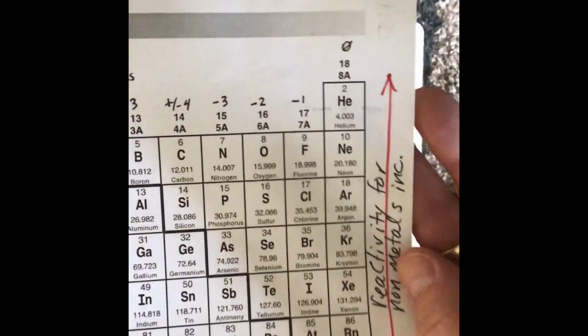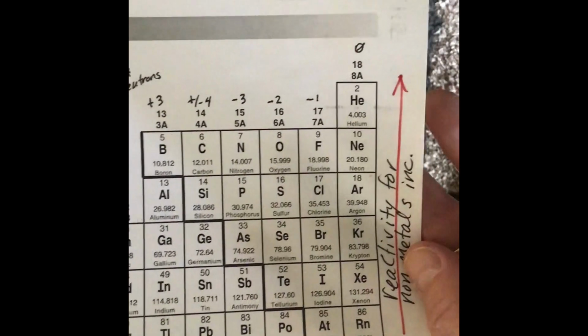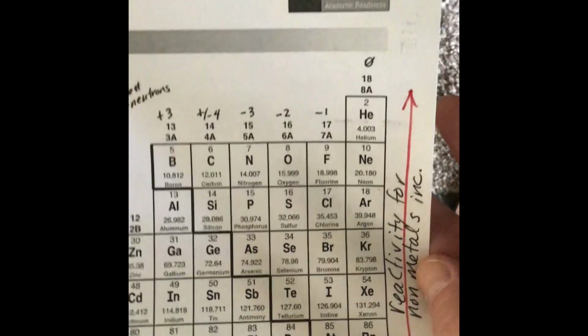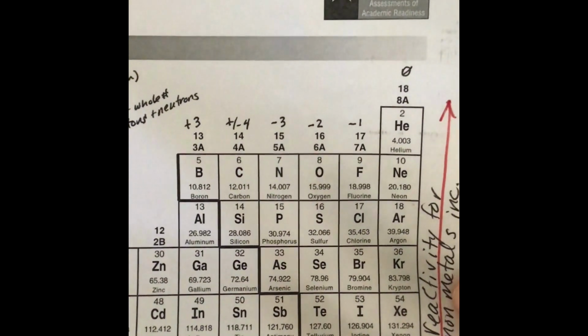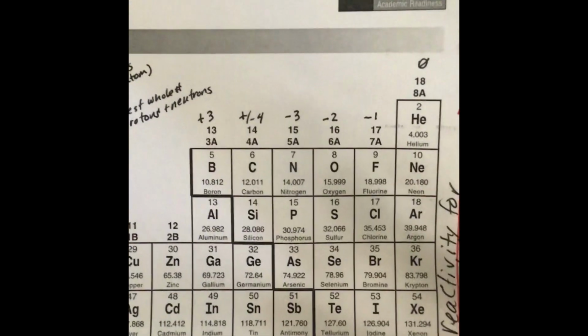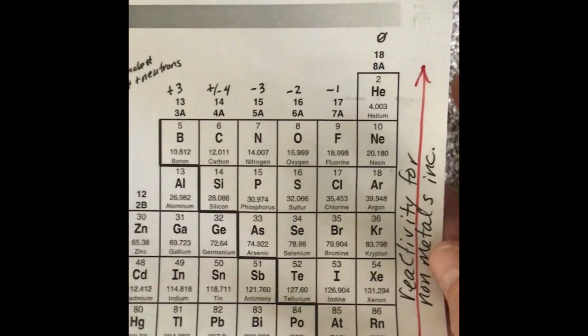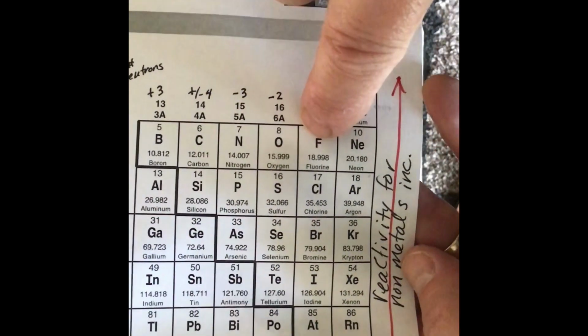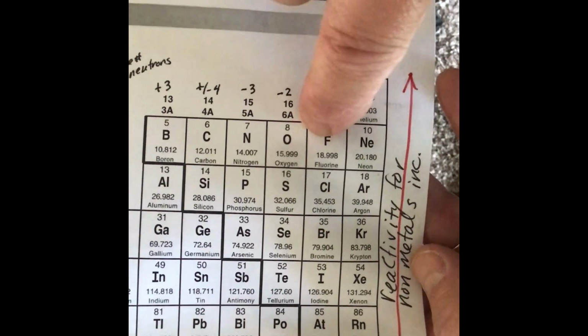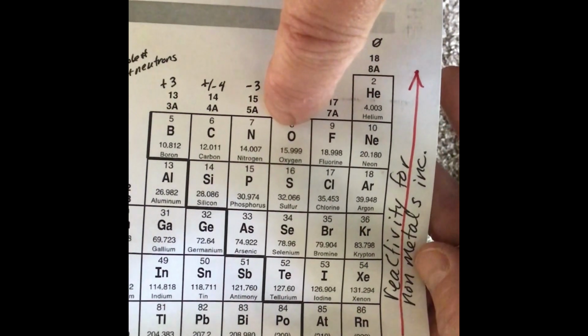Now, as you can guess, just like we were talking about with the metals, is it easier to gain 1 electron or 2? That's right, it's easier to do 1 electron. So fluorine is going to gain 1 electron, and oxygen is going to gain 2.